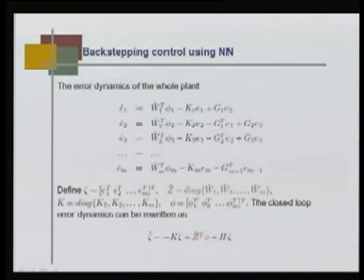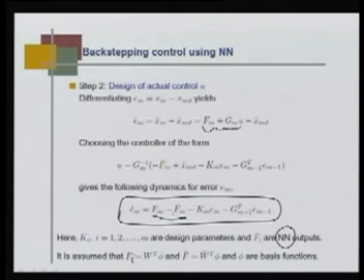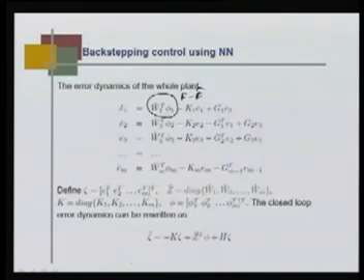So, if I define xi to be this vector of all the tracking errors, and z tilde to be these quantities, you see these quantities are actually f minus f hat. You can easily see that em dot is fm minus fm hat and so on. The first one is f1 minus f1 hat, and similarly this is fm minus fm hat.